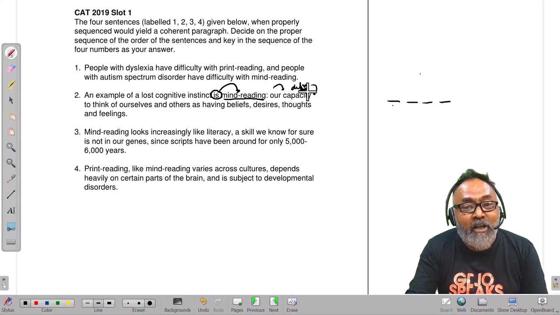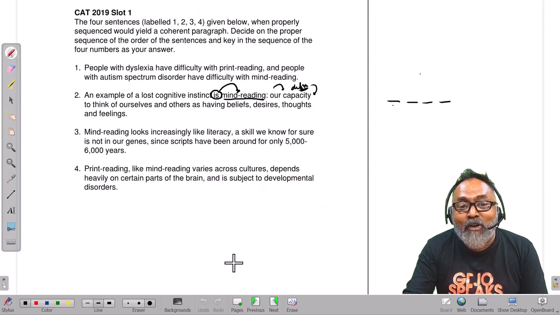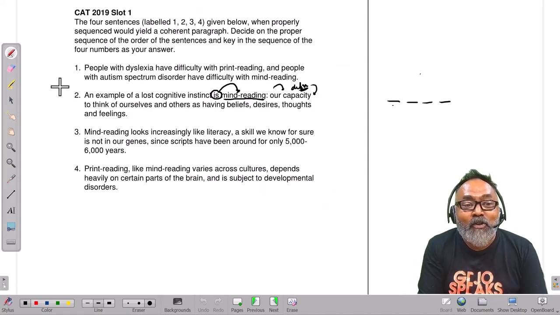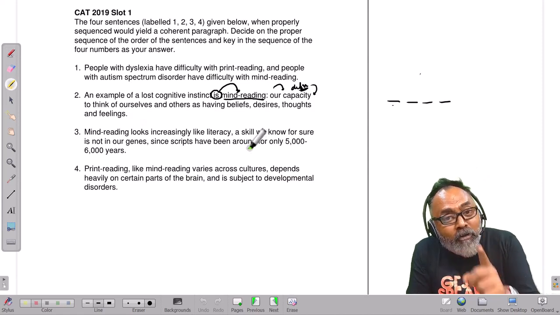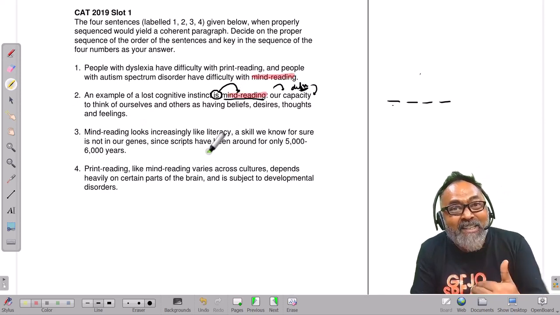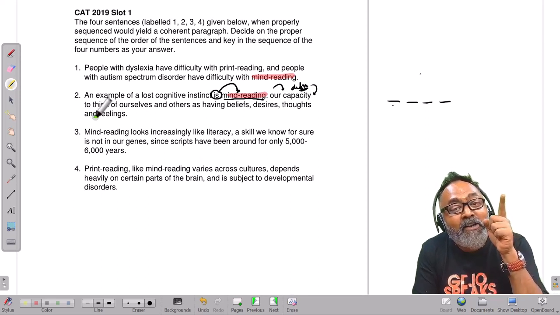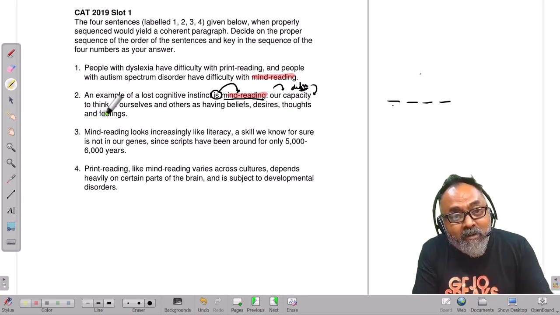Definition and then explanation. Very good. I also notice that mind reading is what is echoing. This is a clear echo, and sentence number 2 is where the discussion is starting.